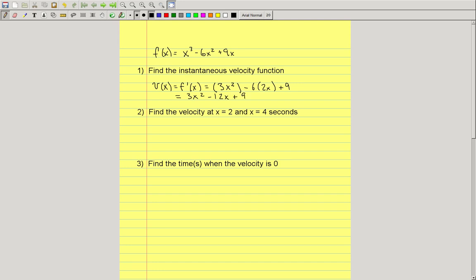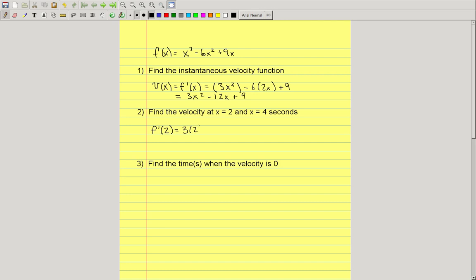All right. Now moving on to part 2, we want to determine the velocity at x equals 2 and x equals 4 seconds. In order to do that, all that we need to do is evaluate our velocity function, f prime, at each of those values.